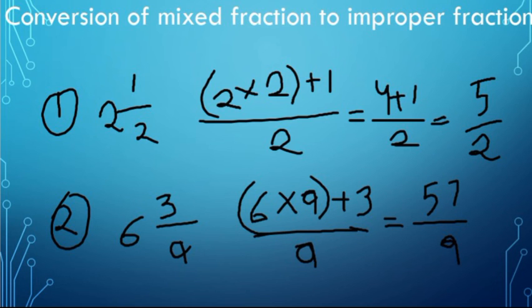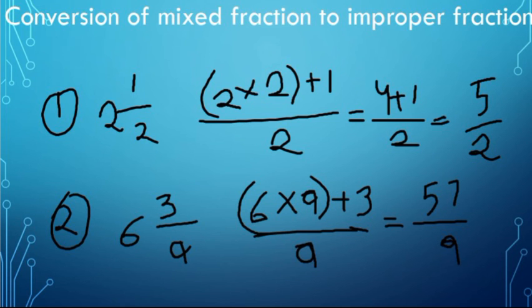After multiplying, you will add the numerator and keep the denominator as it is. See, here I have kept 2. Add the numerator, then the result you get is an improper fraction. See, 2 into 2 in brackets plus 1, I get 4 plus 1 by 2, that is 5/2. 2 2s are 4, you know, and 4 plus 1 is 5.